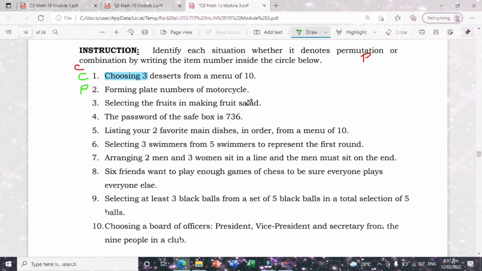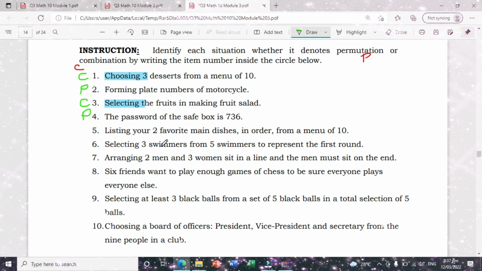Next, number 3, selecting the fruits and making fruit salad. Okay, so ano yung magiging keyword? Selecting. So dito, since you are only selecting, so combination. The password of the safe box is 736. So this is permutation.